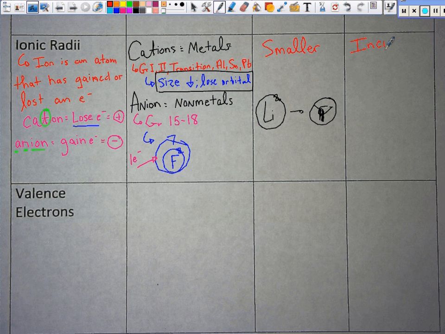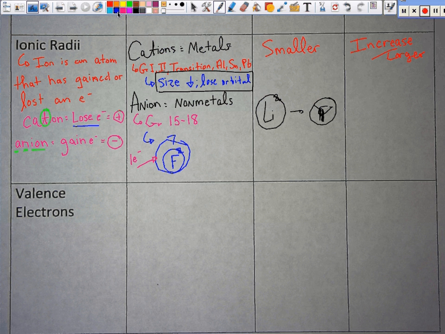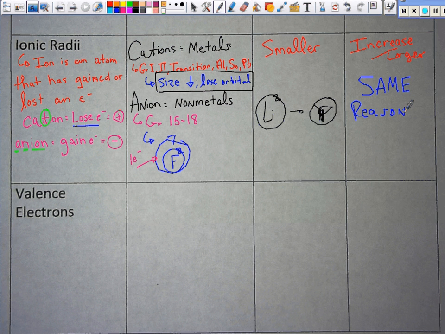The reason it gets larger is the same reason as atomic radii, so we're not going to have to write all that again. You're adding more electrons, more energy levels, more orbitals, so it takes up more space. Hopefully that one was fairly simple.